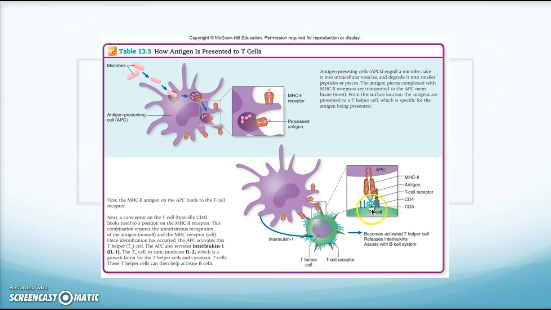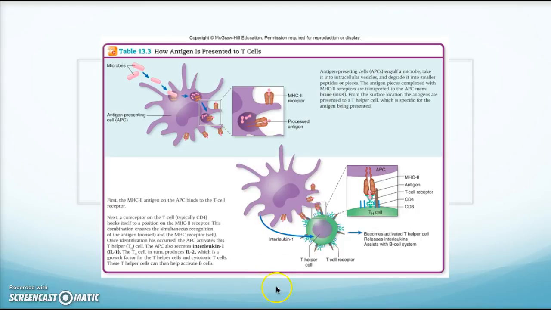So what you get is a T helper cell. It has its CD4, which is recognizing the self in the MHC2, but it also has its T cell receptor, which is there to recognize that antigen. It's that combination of recognizing self and recognizing antigen that's important in recognizing that it needs to do something. Once that identification has occurred, the APC will secrete interleukin 1.